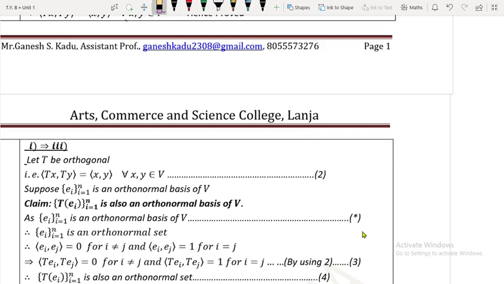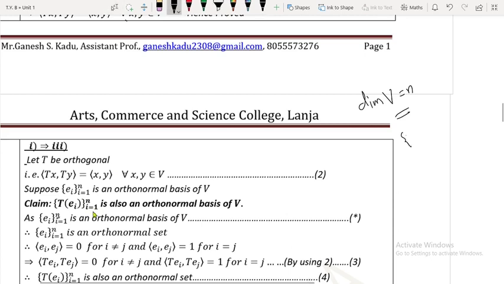Now see how we are going to show that it is a basis of V. Note, what is the dimension of V? As I have told you before, the dimension of V is nothing but n. And note how many vectors this set contains.